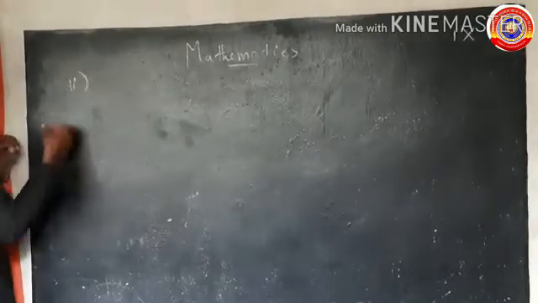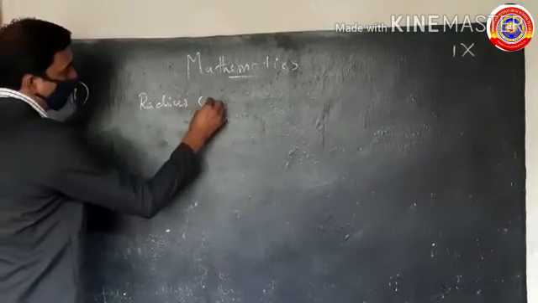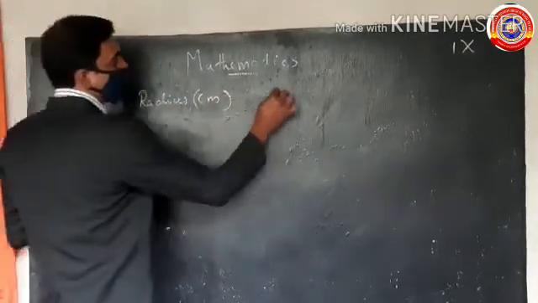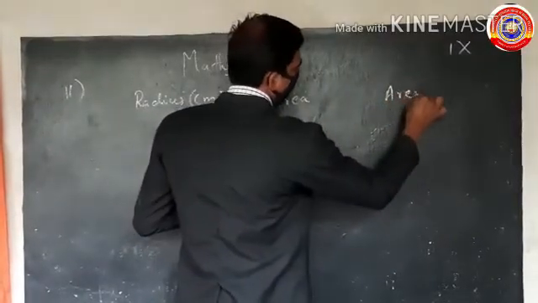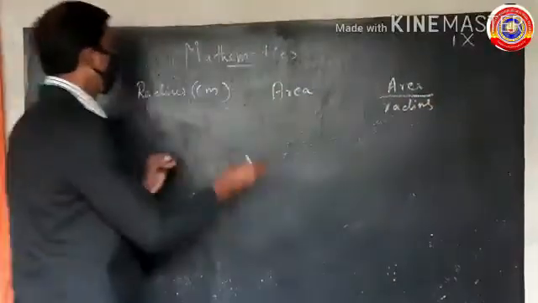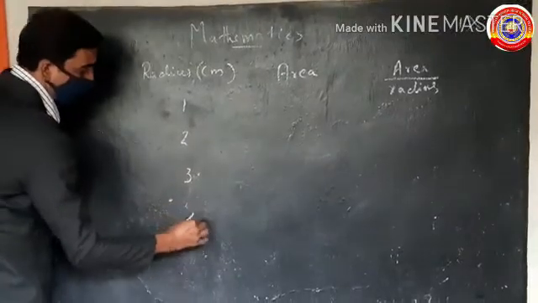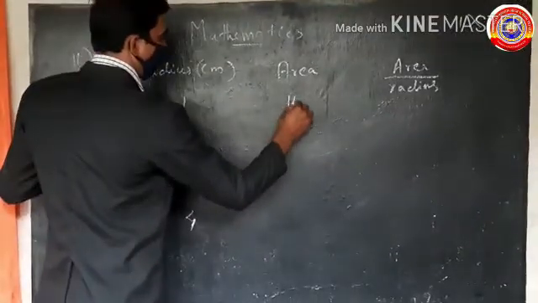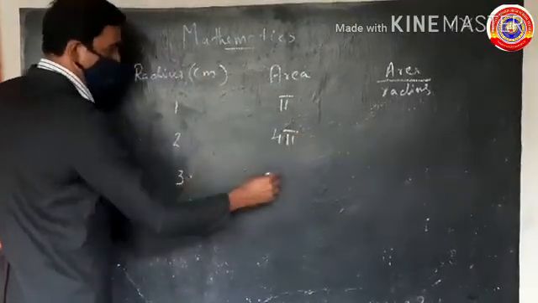In the second sub-question, area and radius of a circle. Radius in centimeter, area, then area by radius. Let's consider the radius as 1, 2, 3 and 4 centimeter and the area will be pi, 4 pi, 9 pi and 16 pi.